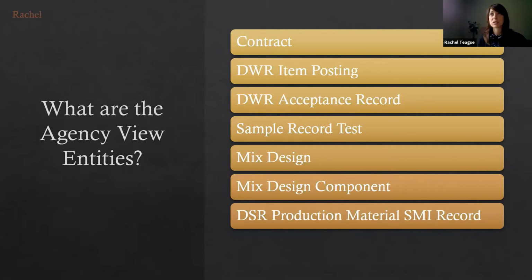So right now you can associate them to contracts, to daily work report item postings, to acceptance records off of your daily work report that we looked at yesterday a little, off of sample record tests for your materials testing, on mix designs, something called a mix design component, which is just a material that goes into your mix, and something with a really crazy name, a daily source report production material SMI record. That just means a batch of material that is being documented as it's produced at a source on a daily source report.